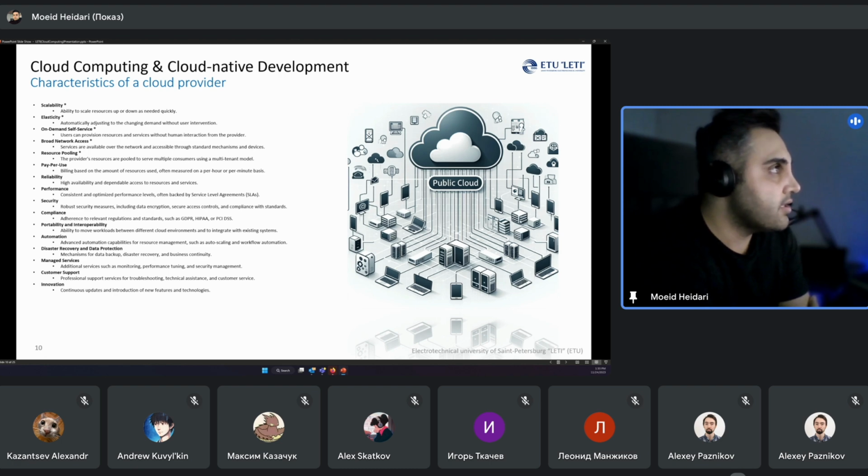The first thing is scalability. Scalability is the ability of this cloud infrastructure to scale itself, to scale the resources up and down when it's required, when it's needed. On-demand scalability is one of the most important things of a cloud provider infrastructure.